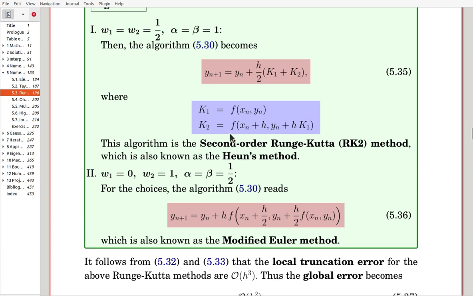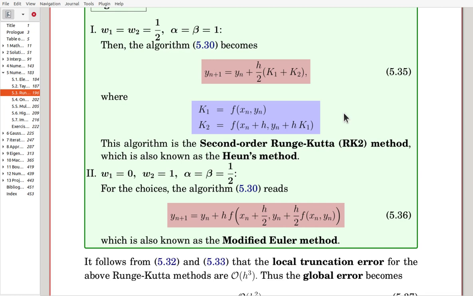Now k2 is the evaluation at the right edge point, and the function value is predicted by using the Euler method. So this algorithm is called the second order Runge-Kutta method, or sometimes Heun's method.